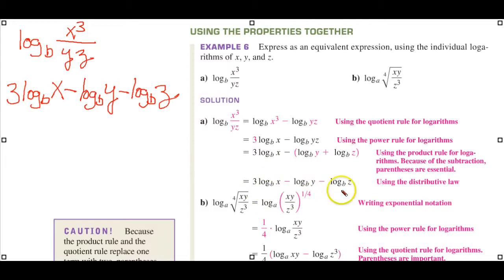And I believe that's what they have right there too. Okay. And again, they're showing you the rules. Now, if there were exponents on these, they're not. There's just a 1 there. So in a sense, there's a 1 there and a 1 there. If there were a 2, we'd have a 2 there. If there was a third power, we'd have a 3 there.